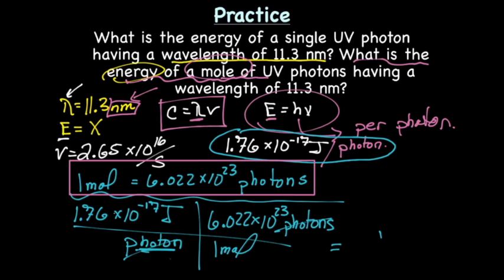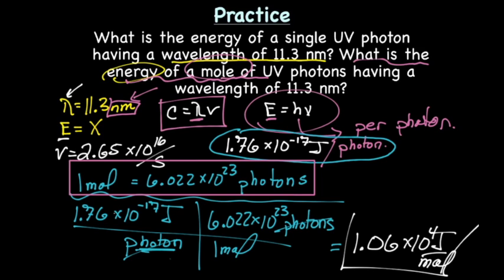So let's plug and chug and see what happens. I got 1.06 times 10 to the 4th joules per mole, with the right number of sig figs. Okay, so there you go.